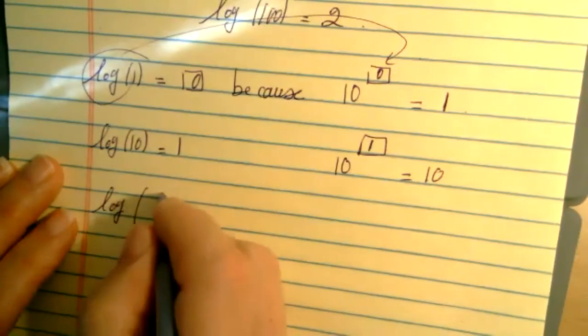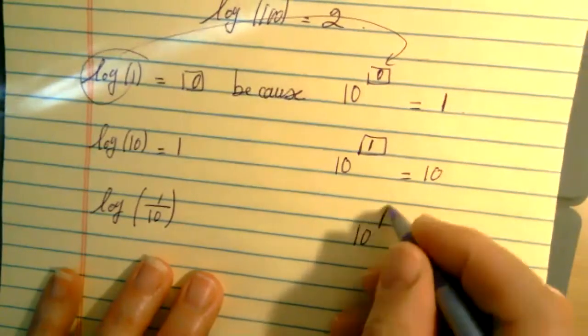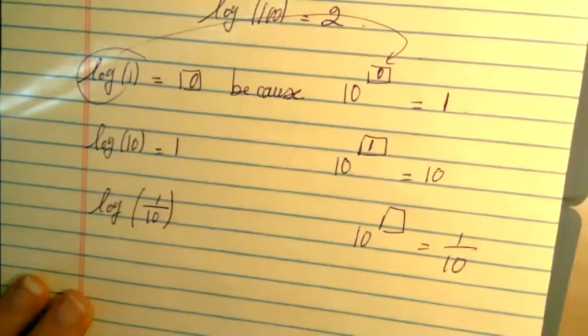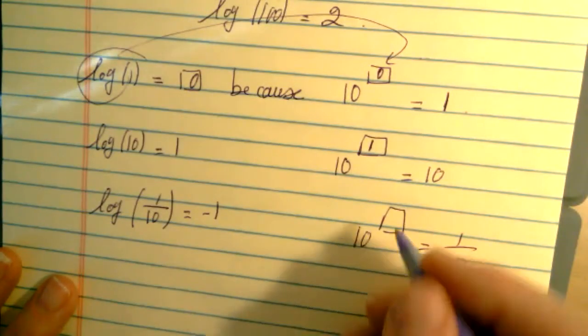All right. What's the log of 1 over 10? The negative 1. 10 to which power gives me 1 over 10? Negative 1. Absolutely correct. It's negative 1 because 10 to the negative 1 is 1 over 10.